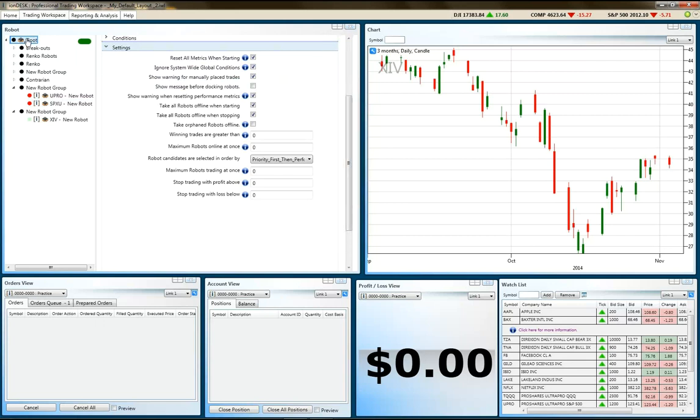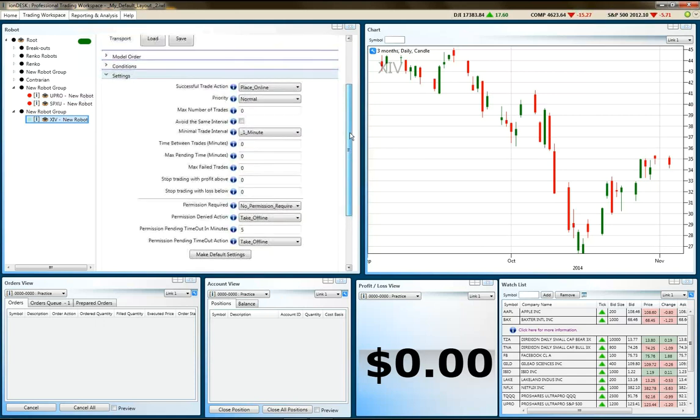For instance, even at the root level, we have settings that are global, like which messages to show, stuff like that. Some of the things that you spoke of very early on was managing how many robots can trade or how many times they can trade. Those are things that you can manage at the robot level, or you can manage them at the group level.